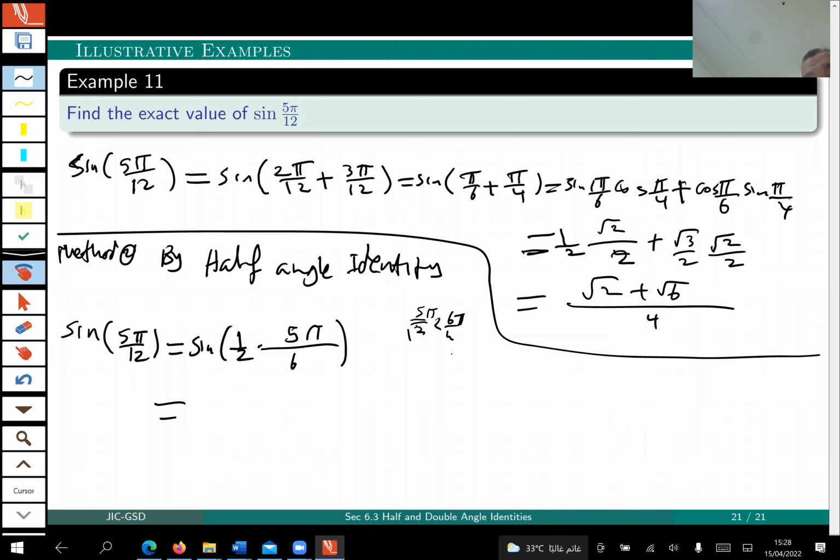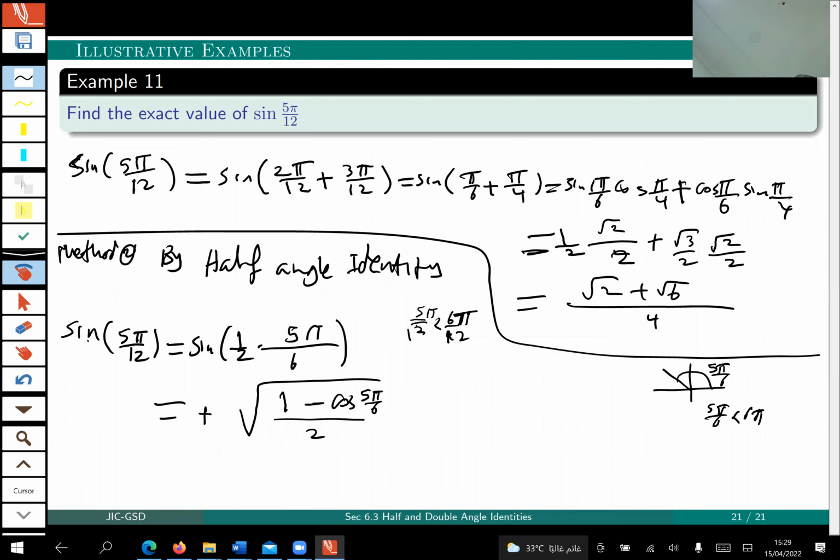So it's quadrant 1. Quadrant 1 is a plus, square root of (1 minus cosine 5 pi over 6) over 2. And remember 5 pi over 6, the reason being that 5 pi over 6 is less than 6 pi over 6.